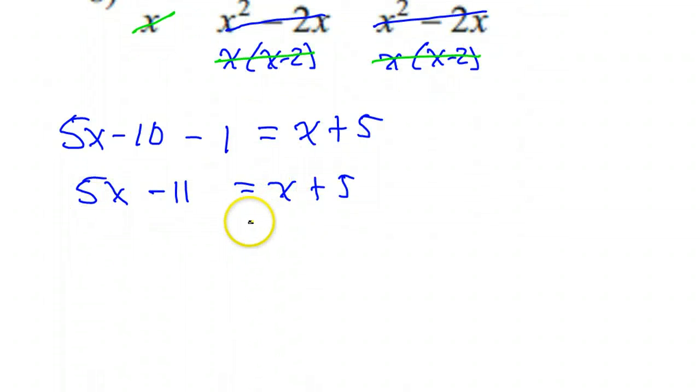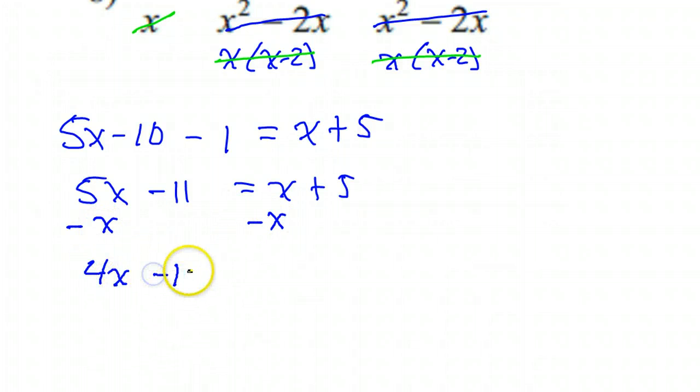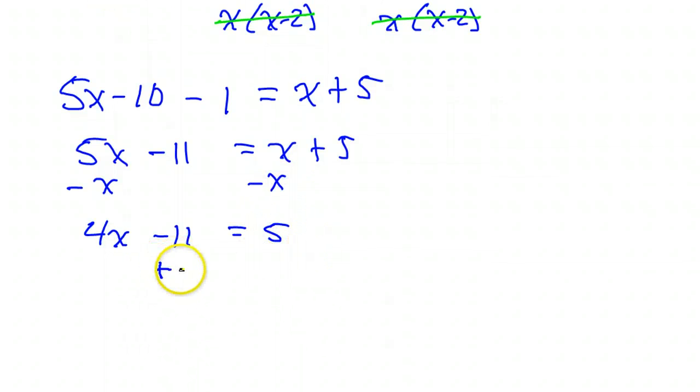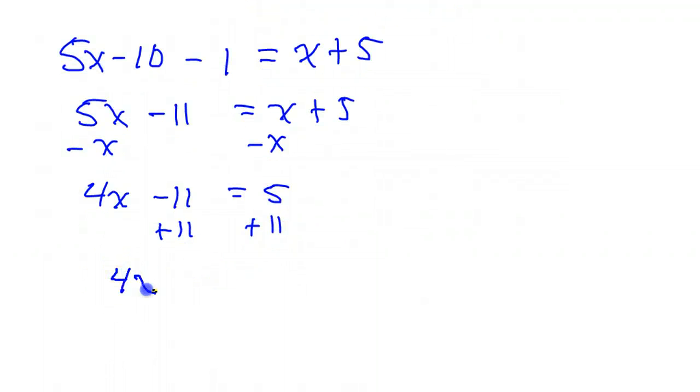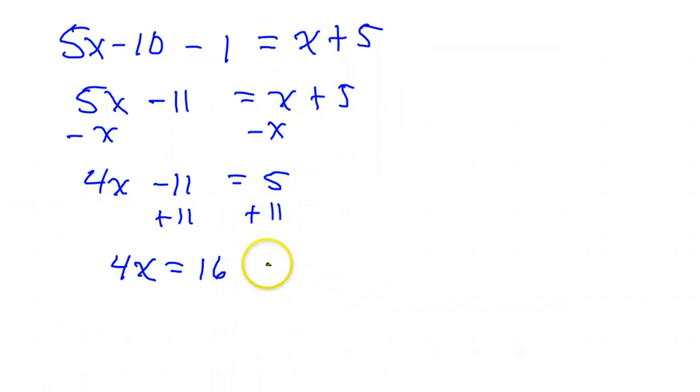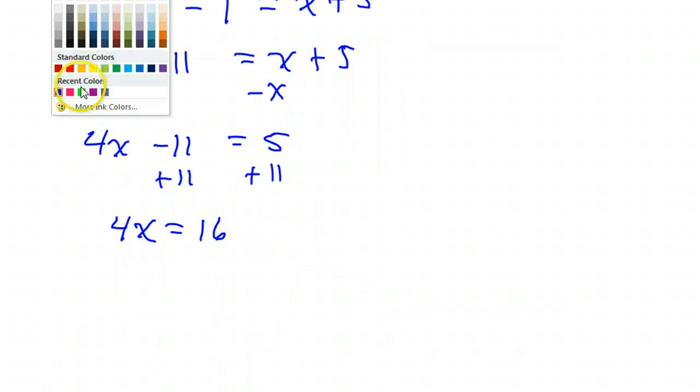We have x's on both sides, so let's get them together by subtracting x on both sides. So that'll be 4x minus 11 is equal to 5. Let's add 11. So that'll give me 4x is equal to 16. And divide by 4.